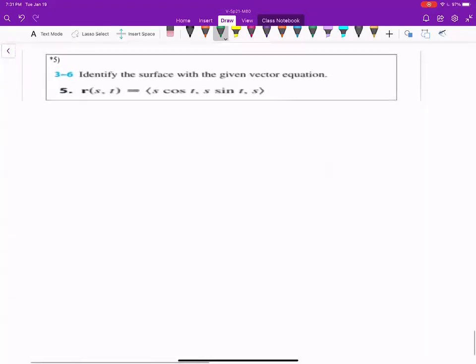Let's take this problem here. Identify the surface with the given vector equation. R of s, t is s cosine t, s sine t, s. So the surface is represented in parametric form.